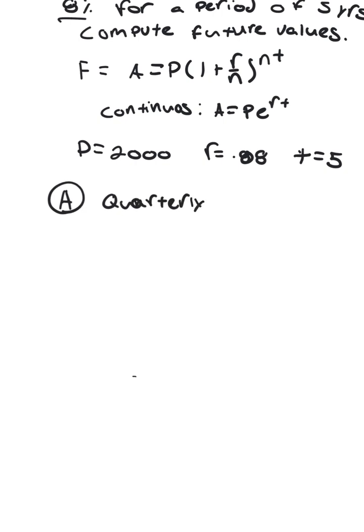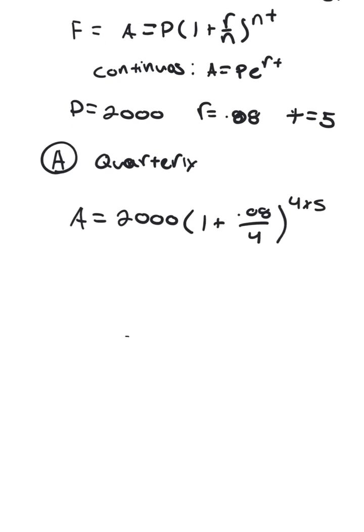In order to solve this, we must plug it into the equation. So A equals 2,000, which is the P, times 1 plus 0.08 over 4, to the 4 times 5. Let's go ahead and solve.